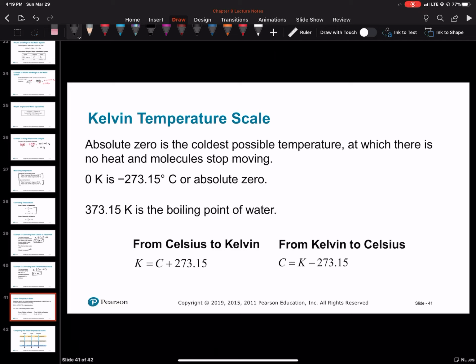Or if we look at the conversion from Celsius to Kelvin, we have K is equal to C plus 273.15. Or if we're looking from Kelvin to Celsius, we have C is equal to K minus 273.15. So if we wanted to go from Fahrenheit to Kelvin, we would have to do what? Turn Fahrenheit into Celsius, then Celsius into Kelvin. Just keep that in mind.